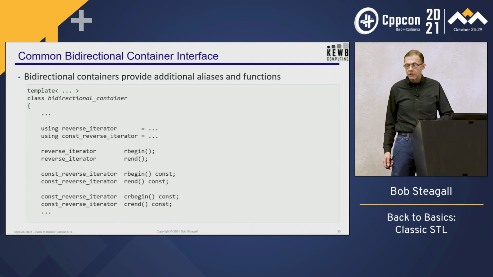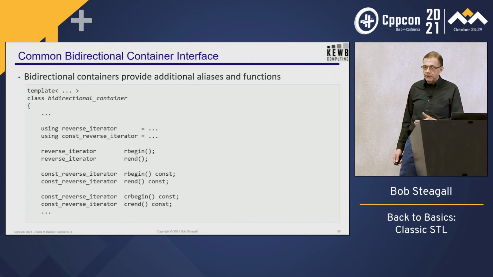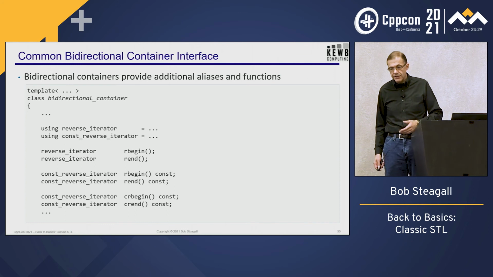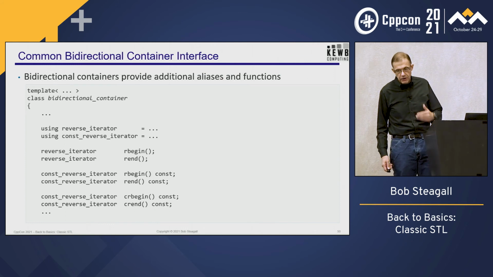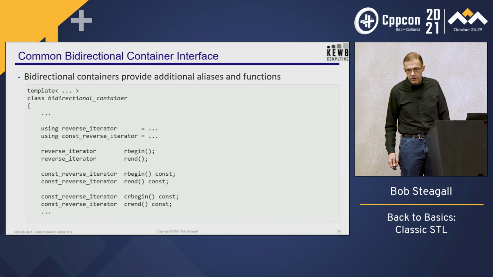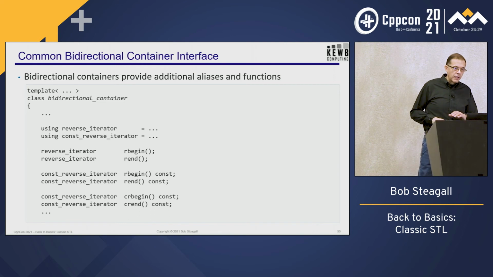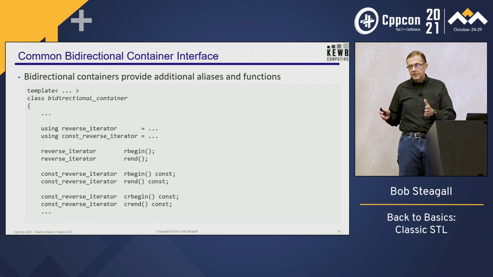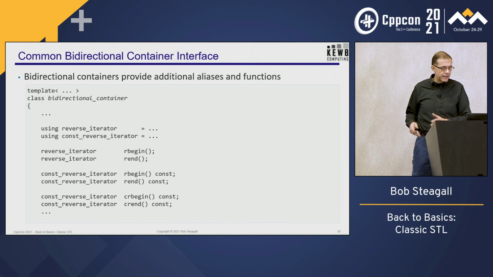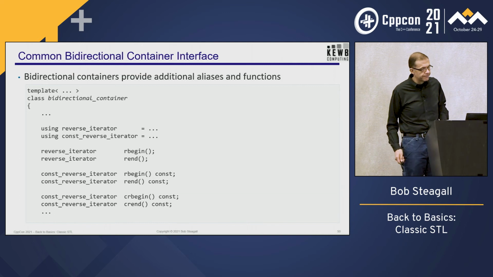You have rbegin and rend, which return const reverse iterators for read-only access, and crbegin and crend, which are equivalent to the const versions of rbegin and rend. So every container will have those nested typedefs and functions that I mentioned 2 slides ago. Every bidirectional container will also have these functions.